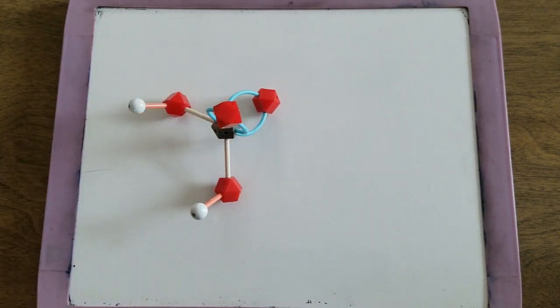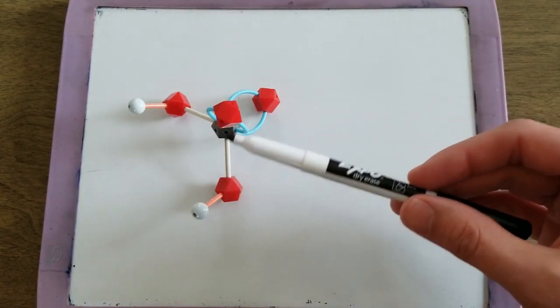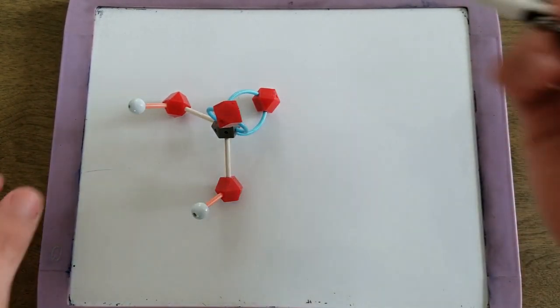Now, what makes this reaction a little bit more complicated than a simple titration is that sulfuric acid looks like this, and its formula is H2SO4.